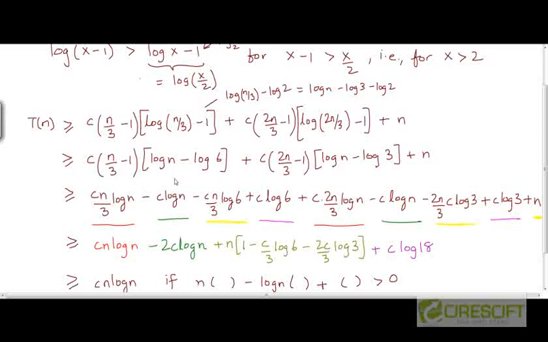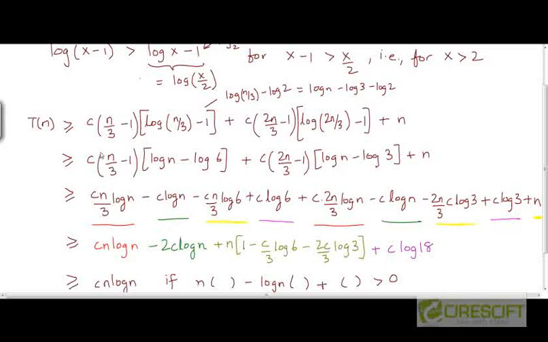So we'll have 4 terms here by opening up these two expressions and multiplying them term by term. And we'll get 4 more terms here. So we'll have a total of 9 terms when we open up these brackets. 1, 2, 3, 4, 5, 6, 7, 8, 9. If I take the first term here and multiply it with the first term here, I'll get cn by 3 times log n.